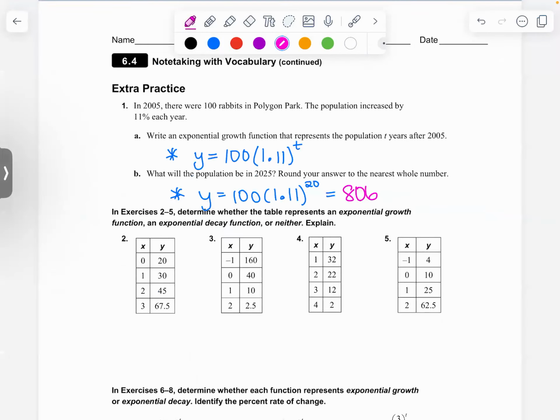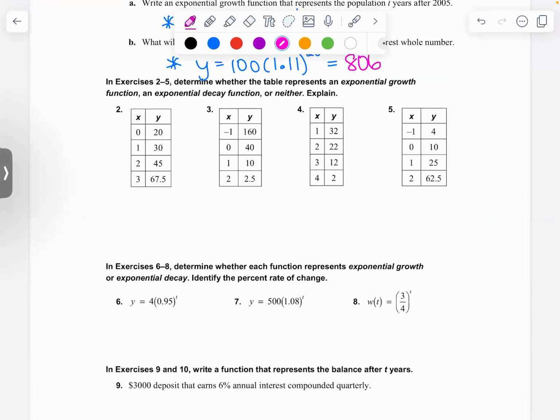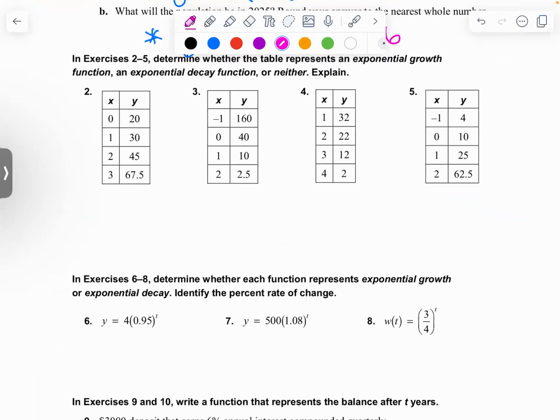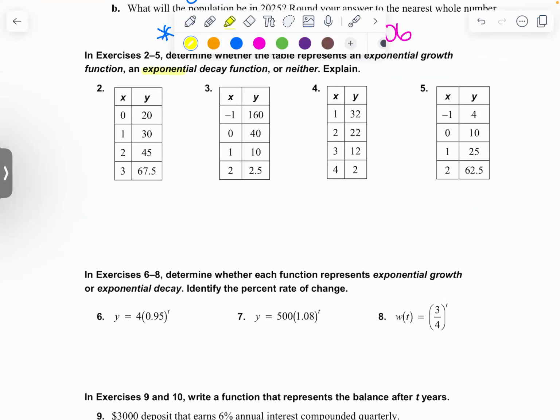Okay. Right now, this is what I'm going to ask you to do. I'm going to give you 5 minutes, maybe less. You are going to decide if we have exponential growth, decay, or neither for 2 through 5.